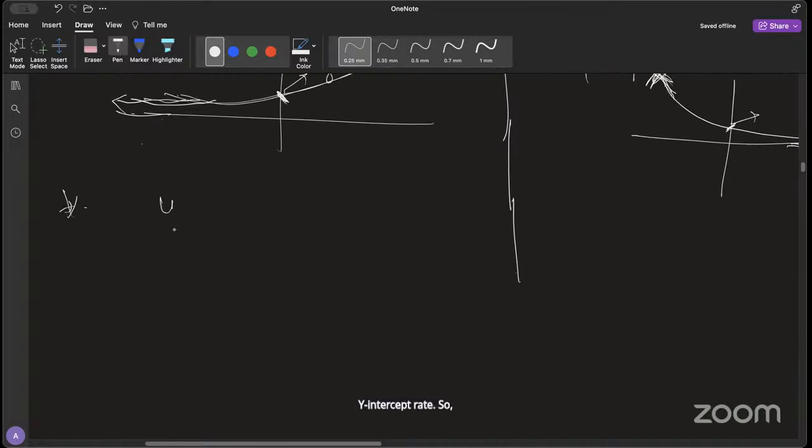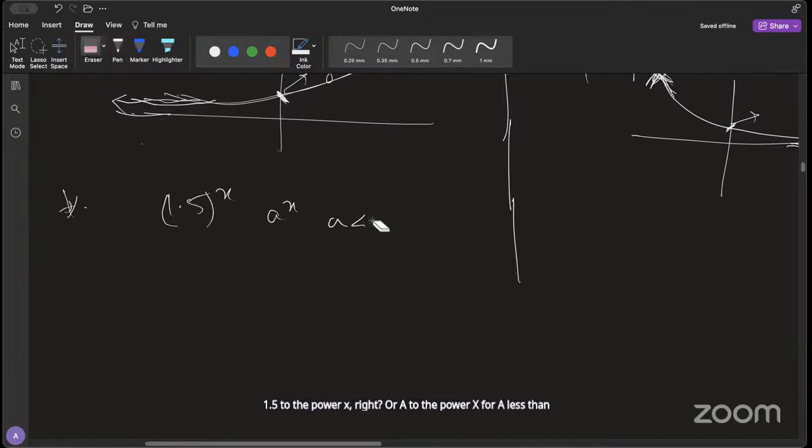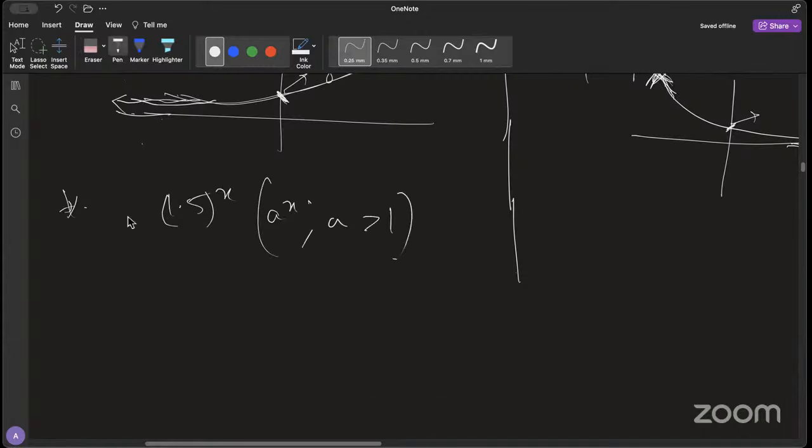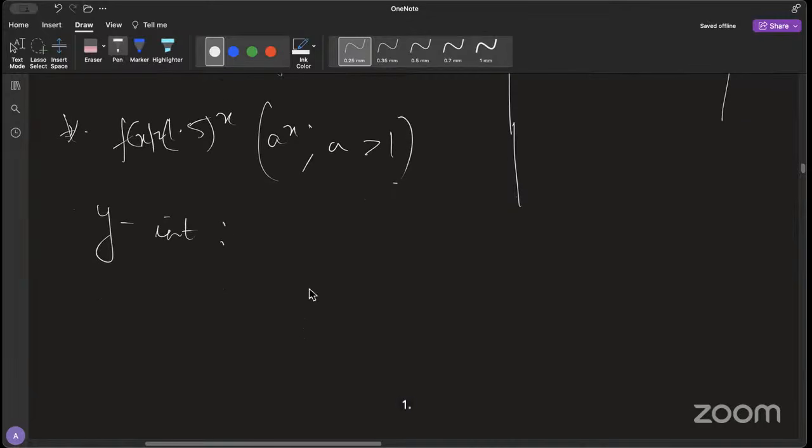So how do you find the y-intercept for a function? Let's say the function was 1.5 to the power x, or a to the power x for a greater than 1. If this is your function, what's your y-intercept? For the y-intercept, you put x equals to 0 and find the value of y.